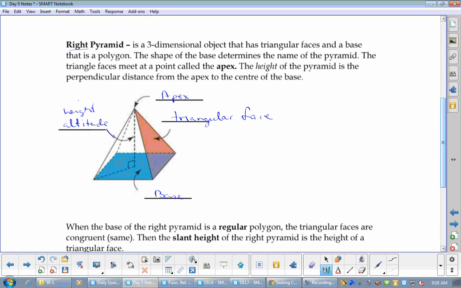So there are 4 triangles, and this is probably a square, that would make up all of the surface area. Remember, surface area is the material it would take to make it out of paper. That's our surface area. What it holds is our volume.